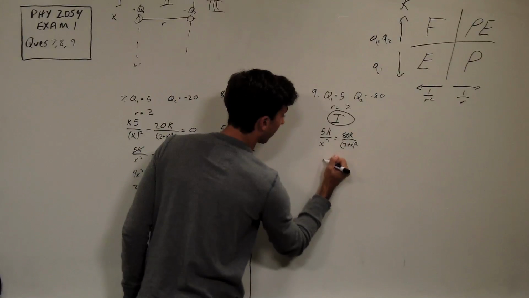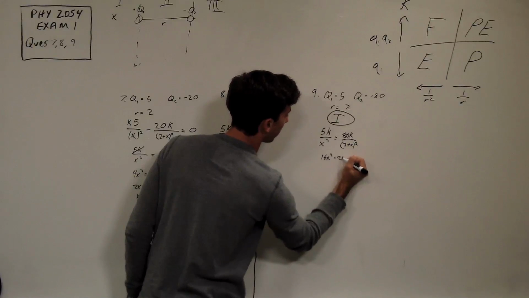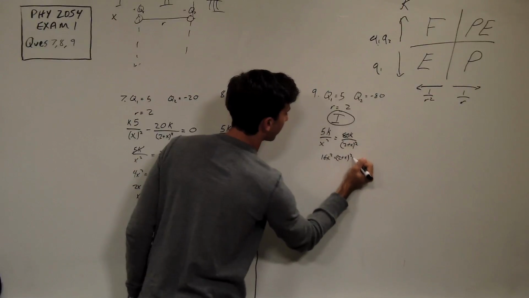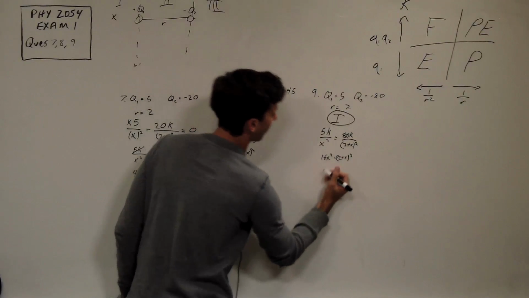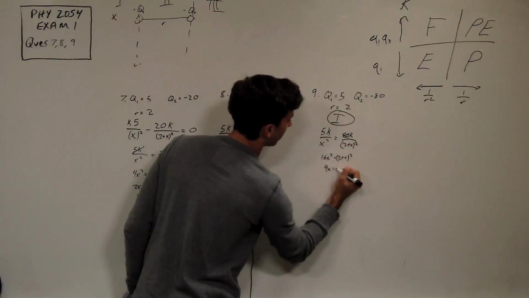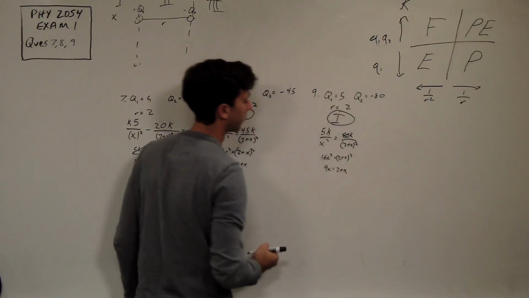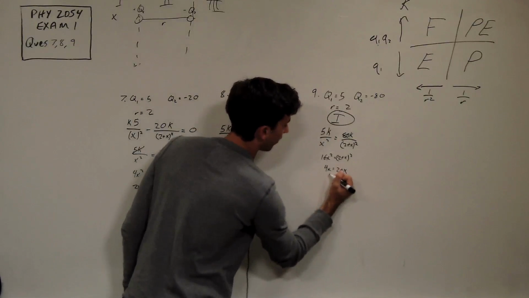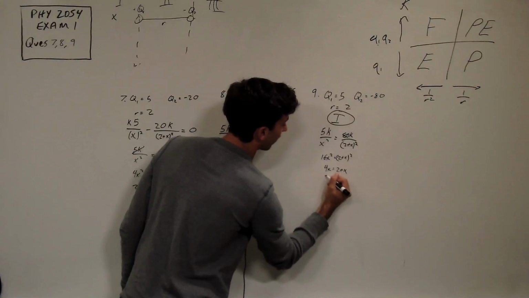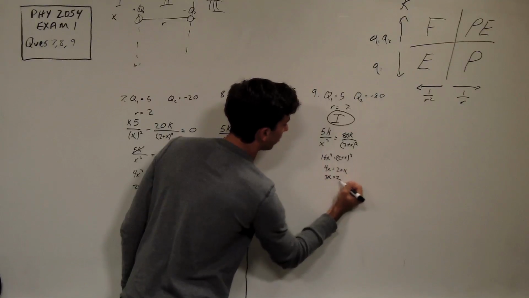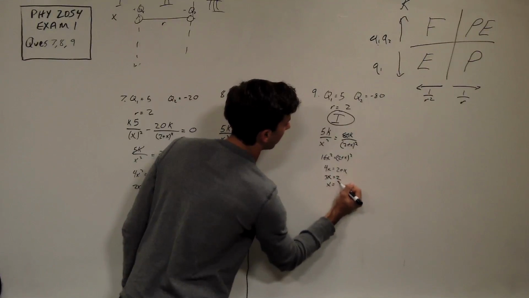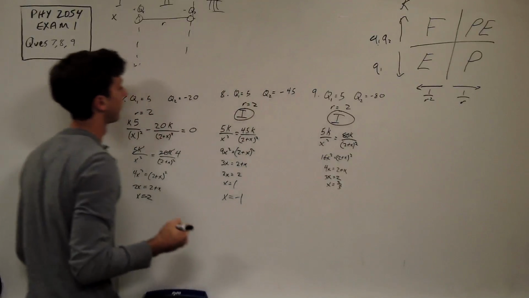You get 16x squared equals 2 plus x quantity squared. And you take the square root of everything. 4x equals 2 plus x. So simplifying, 3x equals 2, so x equals 2/3.